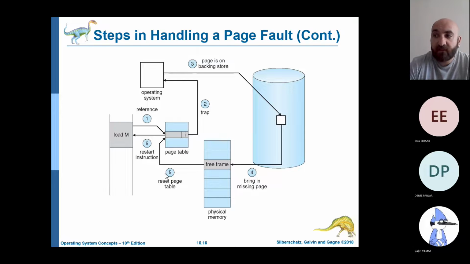Then it resets the page table, writing that the page is on that frame, so the entry becomes valid, and then we restart the instruction. When that instruction is restarted, it finds the entry in the page table, and based on that entry, finds the page in physical memory here. So this is how the operating system handles page faults.